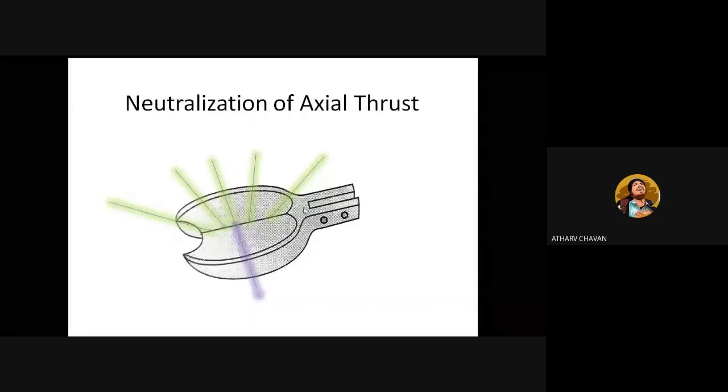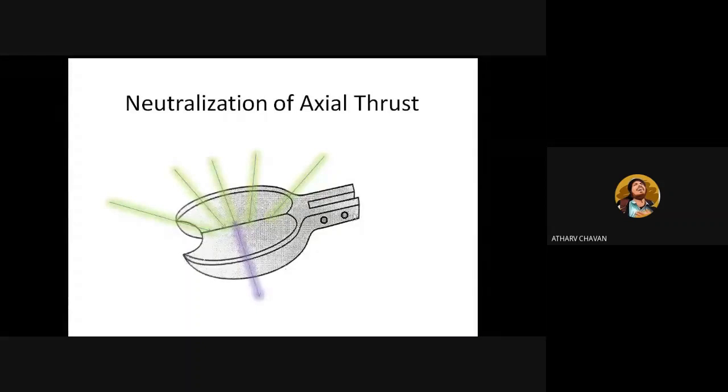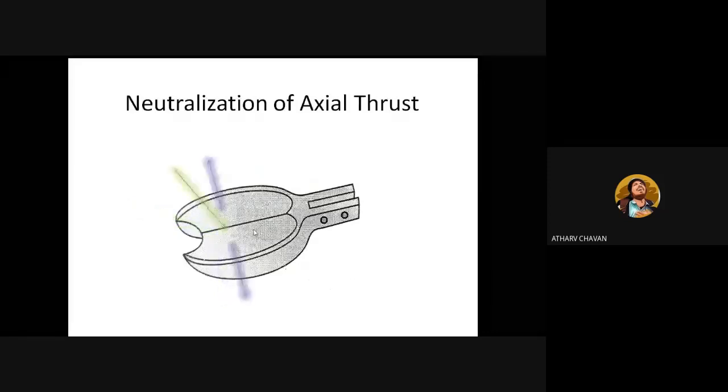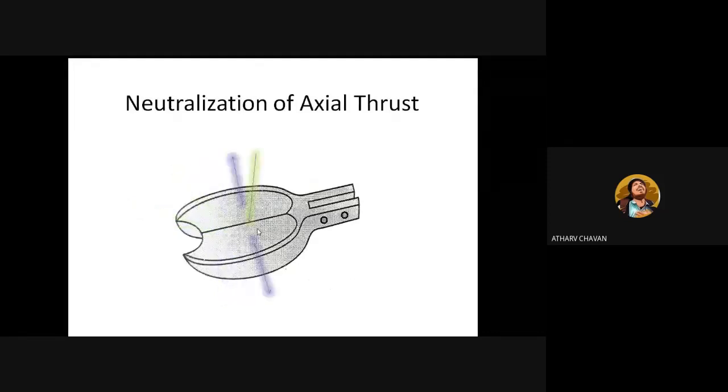So the bucket will try to bend from the handle or the bearings which are there, and they will get damaged. In order to avoid this, we have given this sharp-edged ridge. Because of this ridge, the water which is incident on it gets dispersed in equal and opposite directions. So the resultant force which was acting in one direction gets dispersed in two directions, in equal and opposite directions. So it neutralizes the axial thrust, that is the resultant force. This is one advantage of giving the ridge.